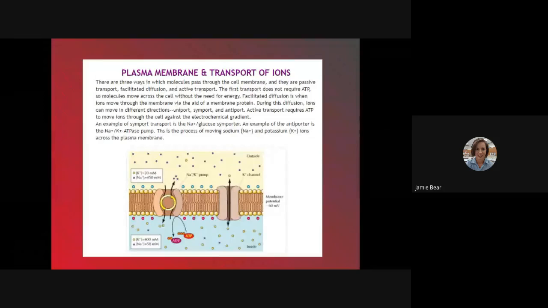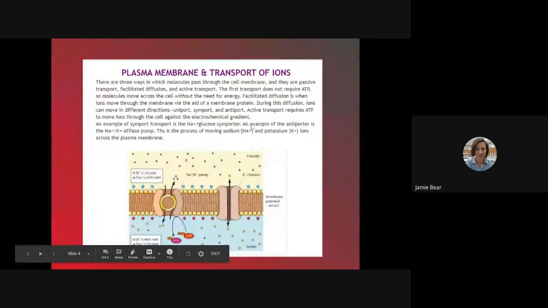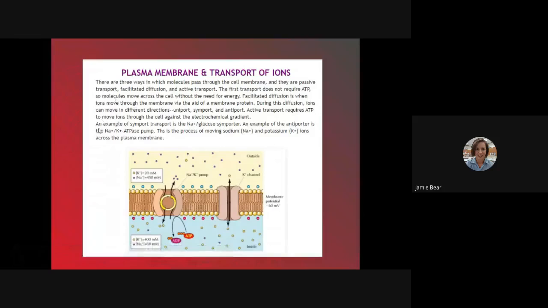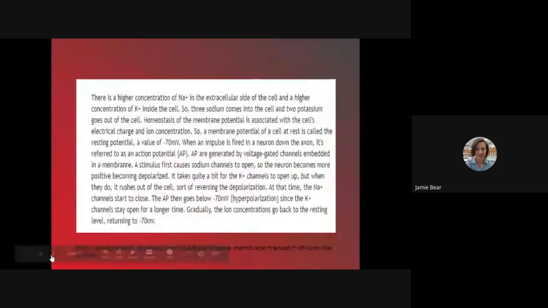An example of symport transport is sodium-glucose. An example of the antiporter is the sodium-potassium ATPase pump. This is the process of moving sodium and potassium ions across the plasma membrane. In order for your heart to beat 60 to 100 times per minute, or 40 in some people's cases, the cells do require energy, so they have to have that ATP.